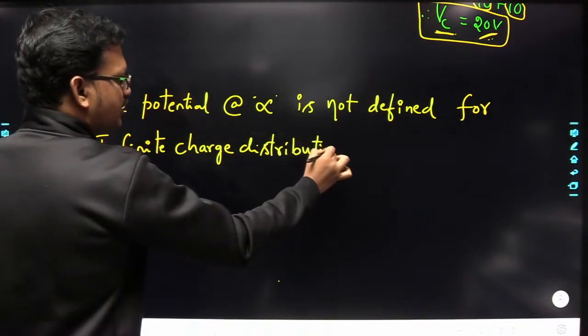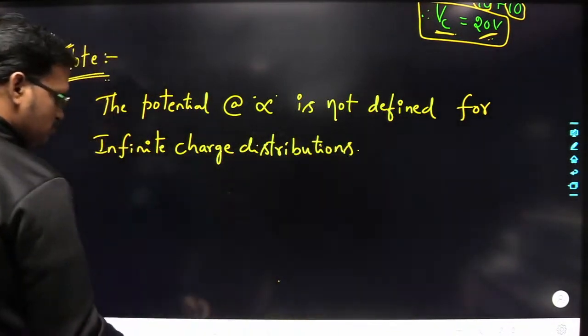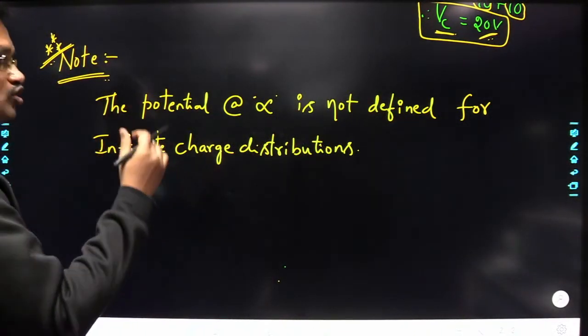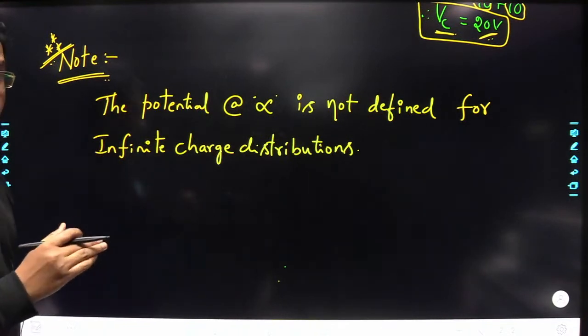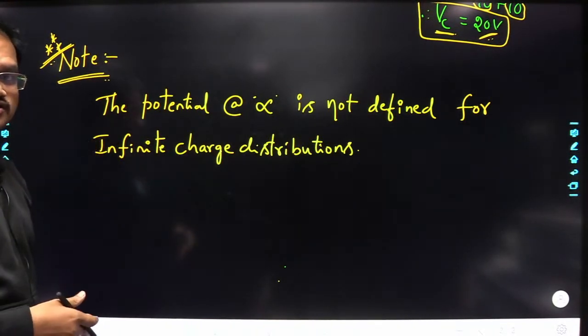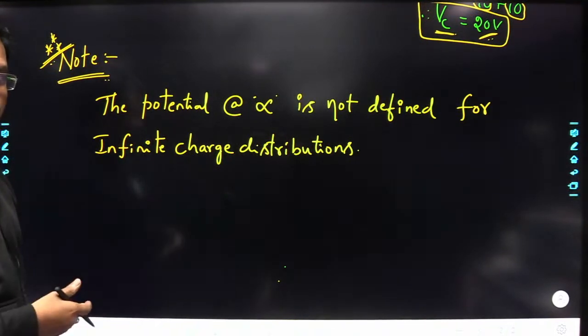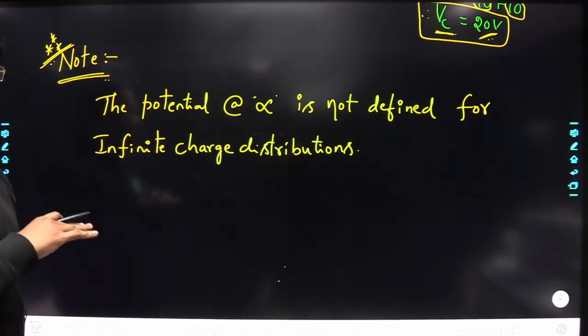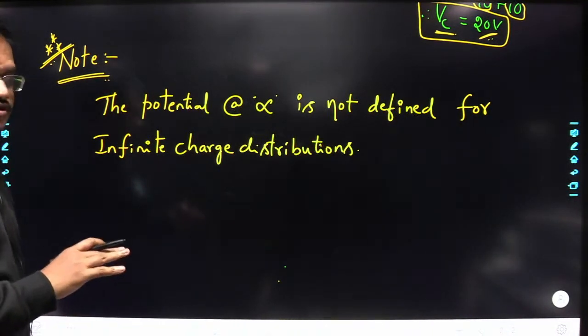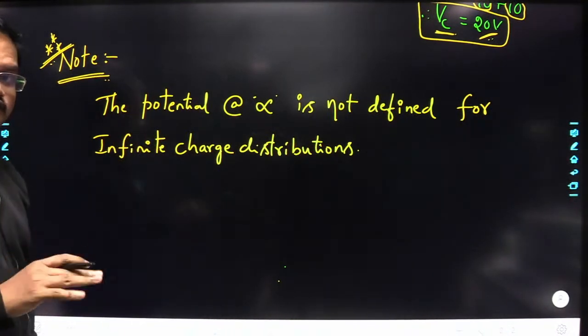What I am saying here is, the potential at infinity is not defined for infinite charge distributions. That means if you consider an infinite line charge, or if you consider an infinite sheet charge, understood? For this type of infinite charge distributions, the potential at infinity is not defined.